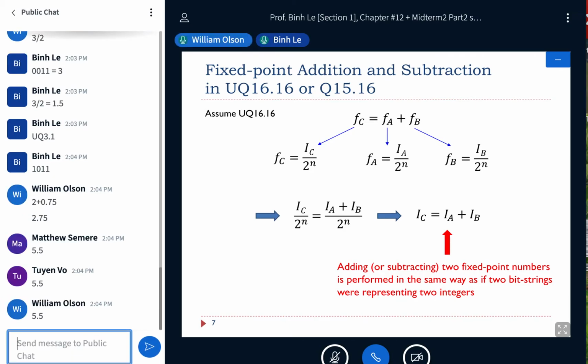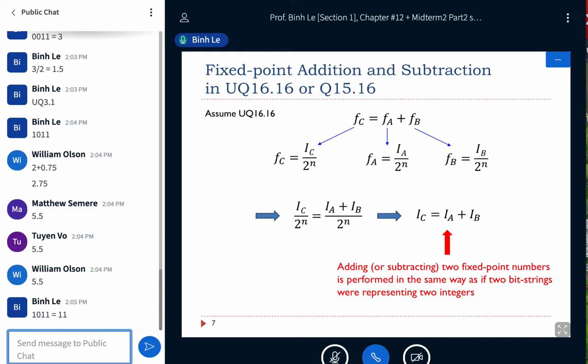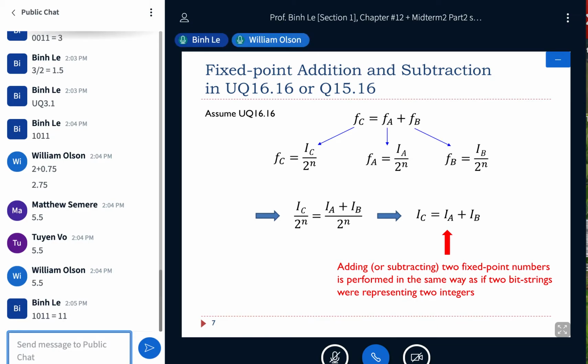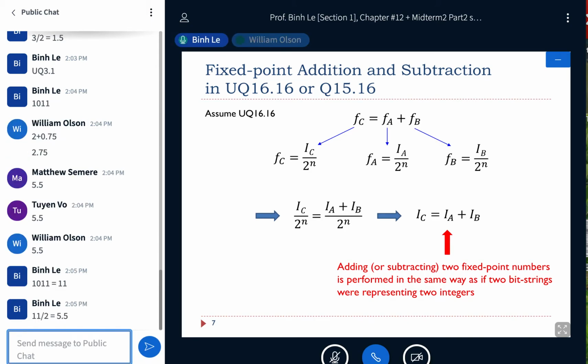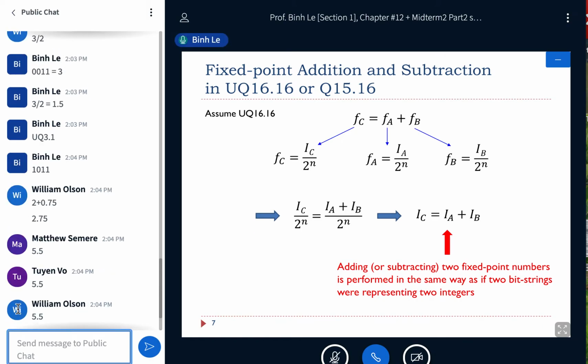Yeah, that's correct. So 1011 is basically 11 in decimal. Is that right? 11 in decimal. Right. So we divide by what? n equal to 1, so divide by 2, right? So 11 divided by 2 is 5.5. Simple. So that's the value of 1011 in the format of UQ3.1, right?